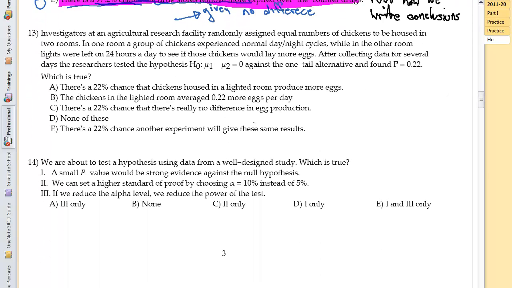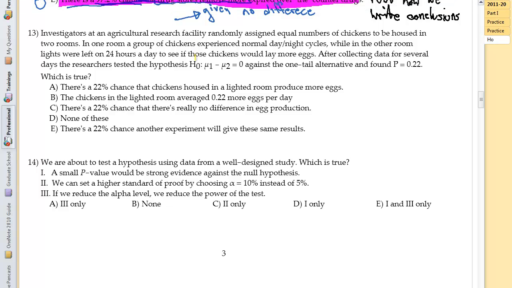We'll do 13 and 14 because the video is getting kind of long, and then we'll finish up this page. So the investigators at an agricultural research facility randomly assigned equal numbers of chickens to be housed. In one room, a group of chickens experienced normal day-night, while in the other room, the lights were left on 24 hours. After collecting data for several days, they tested the hypothesis.